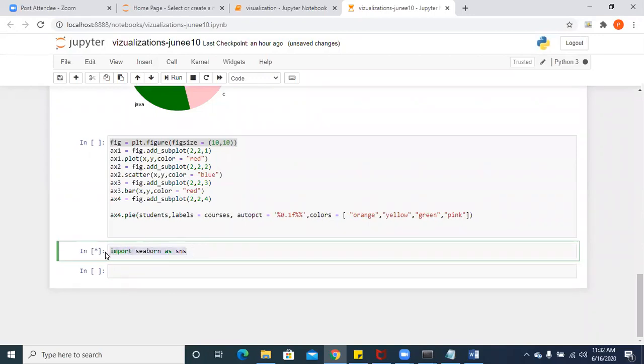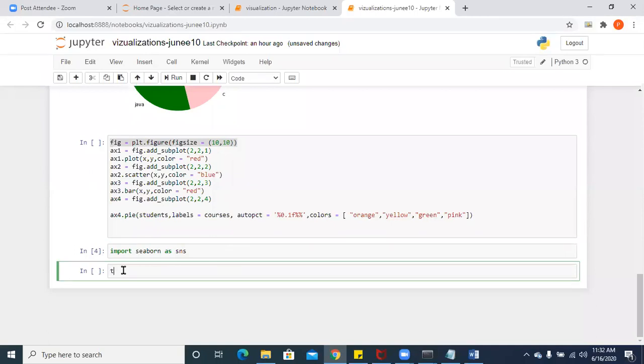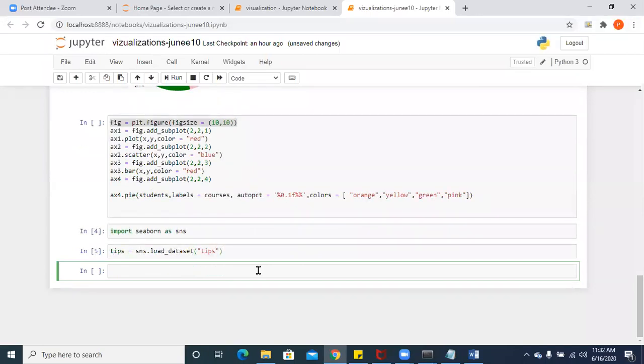Now I am loading the data set which is already there in the Seaborn library, and I'm giving the variable name as tips. tips = sns.load_dataset('tips'). Just execute this and now see tips.